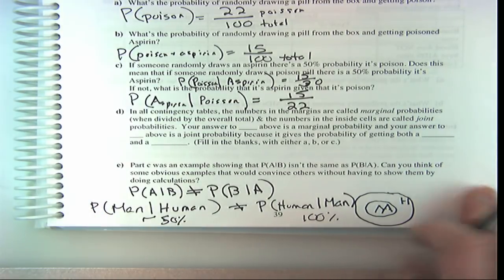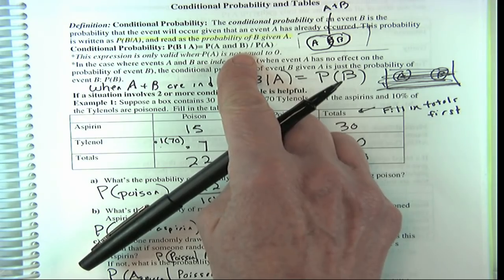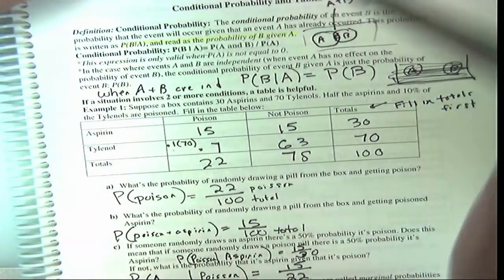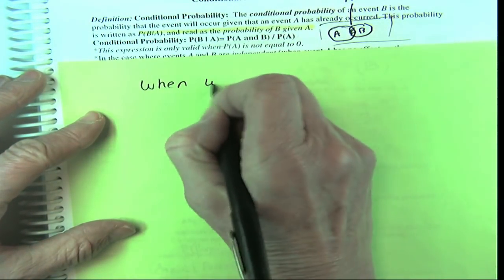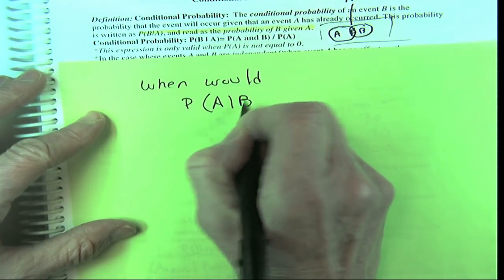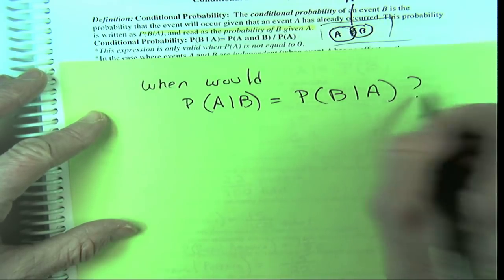One thing that you can think about when they would be the same is where it might be useful to look at this formula here. So when would the probability of A given B equal the probability of B given A? When would that be so?